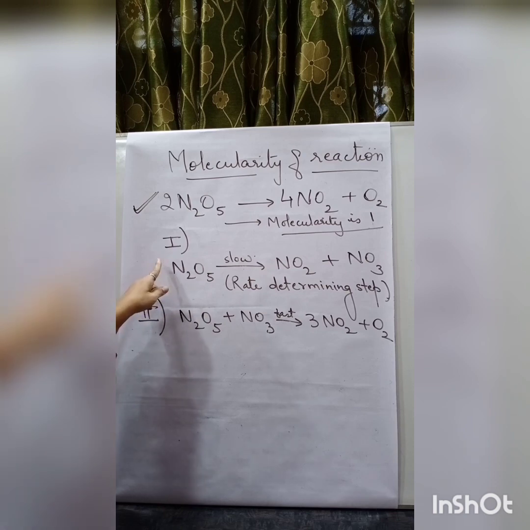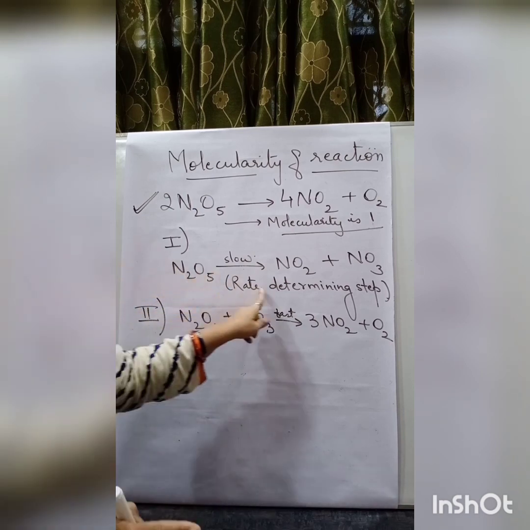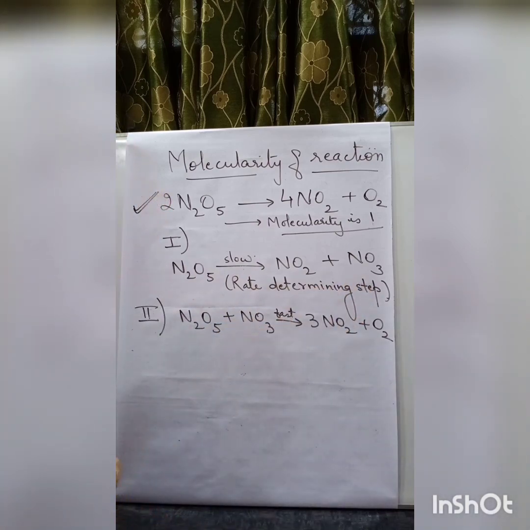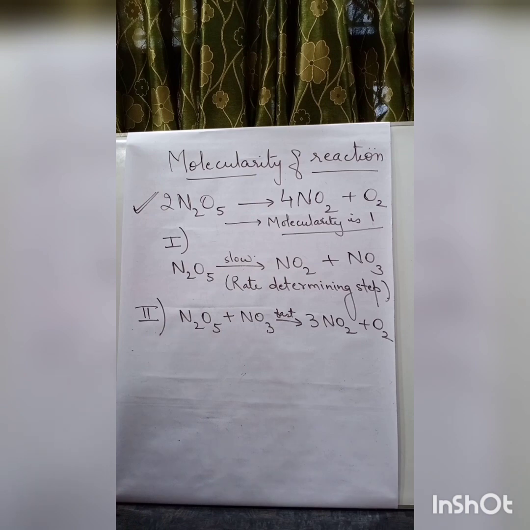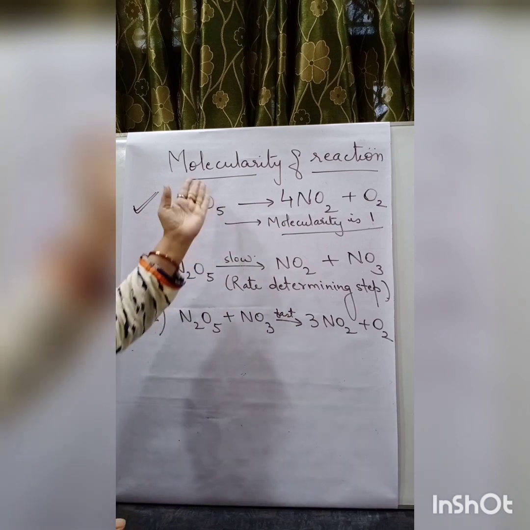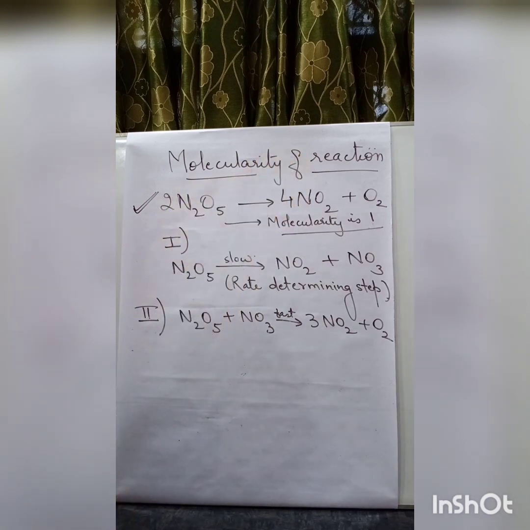Nothing is there. 1. So the total number of atoms, molecules or ions that must collide in the rate determining step so as to result into the formation of product is known as molecularity of reaction.